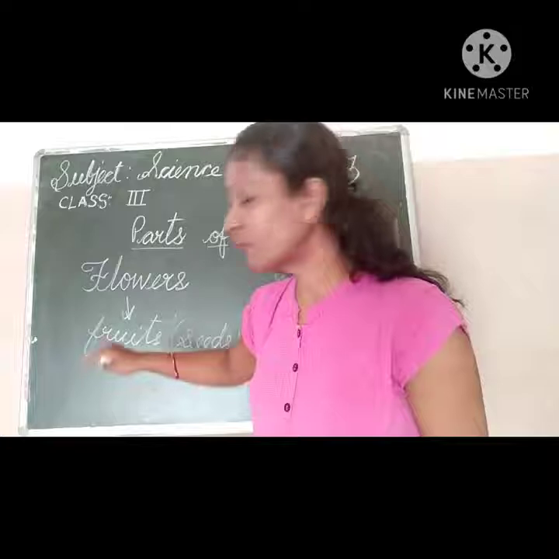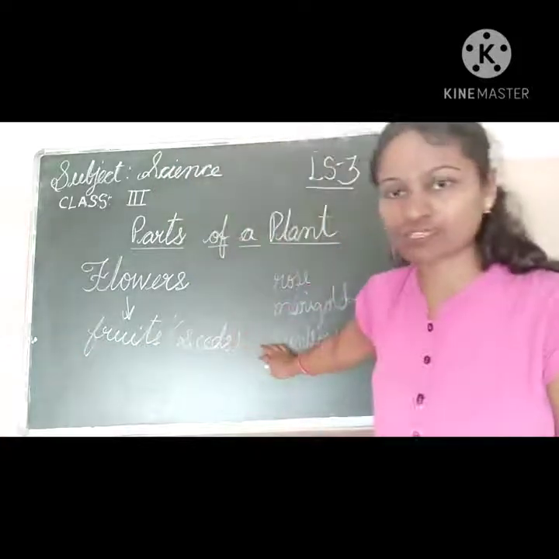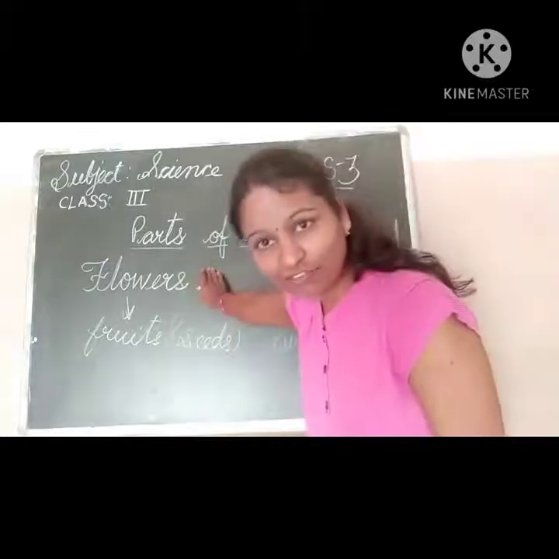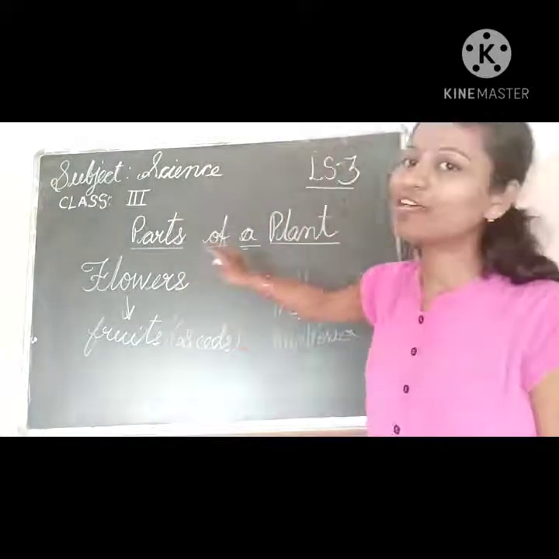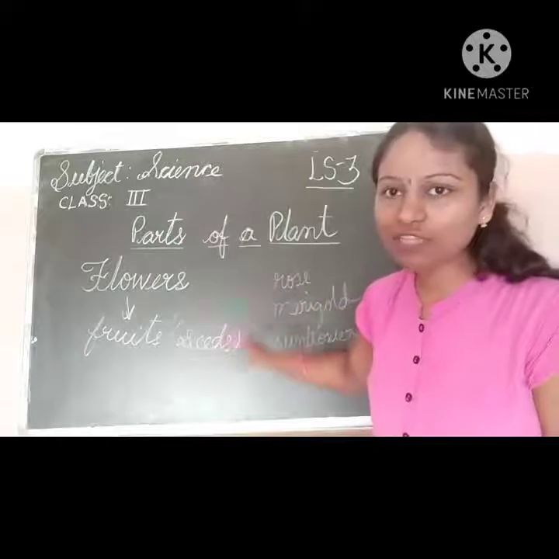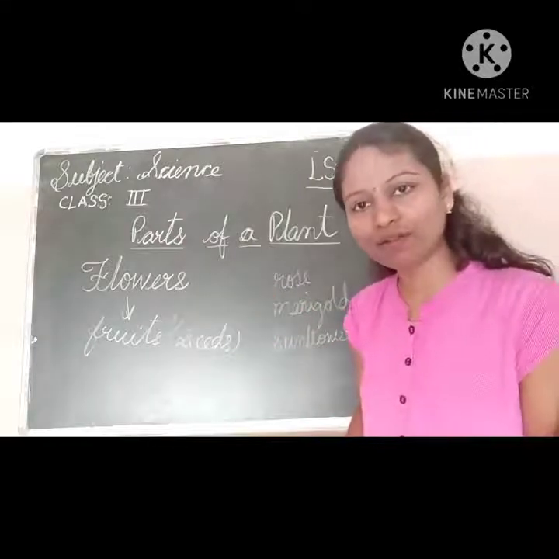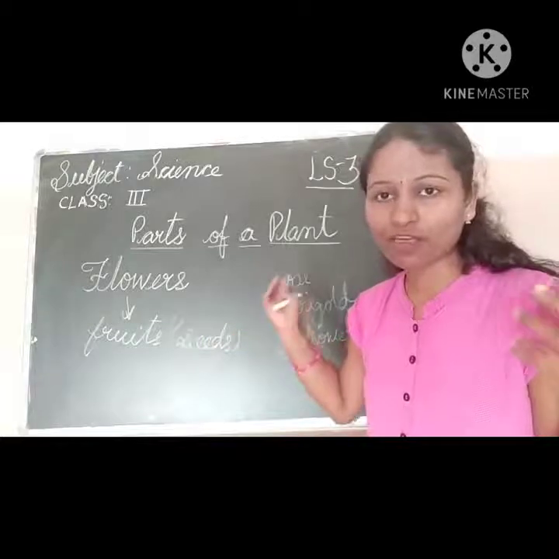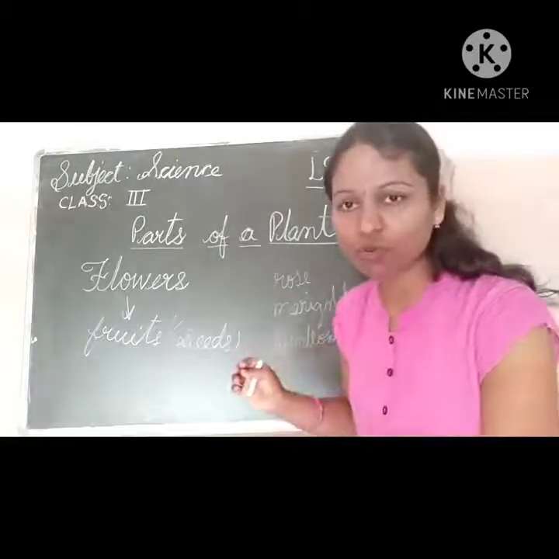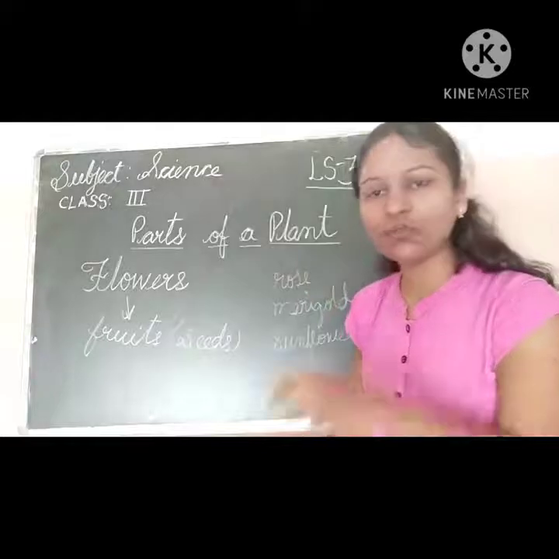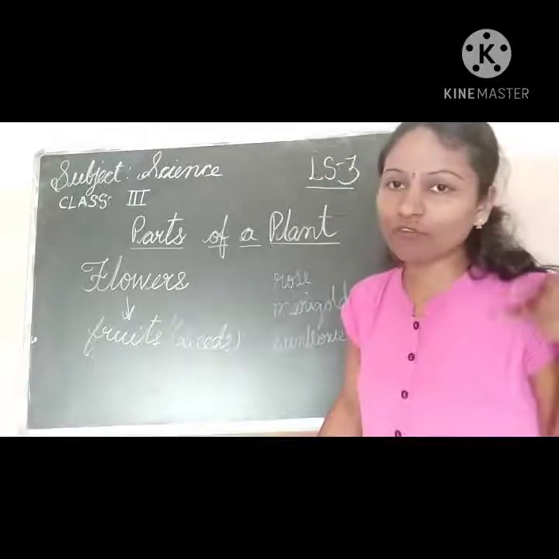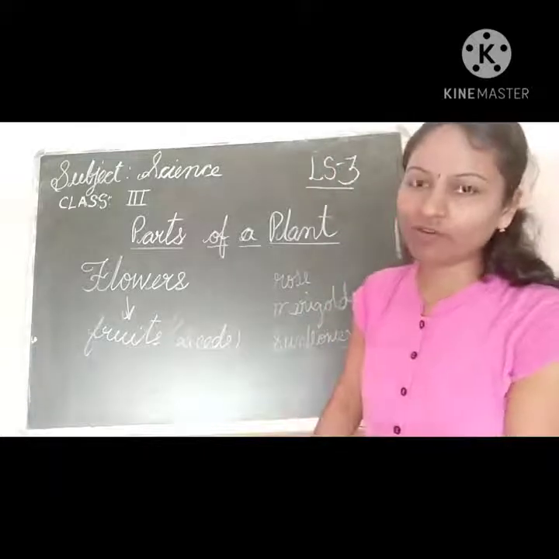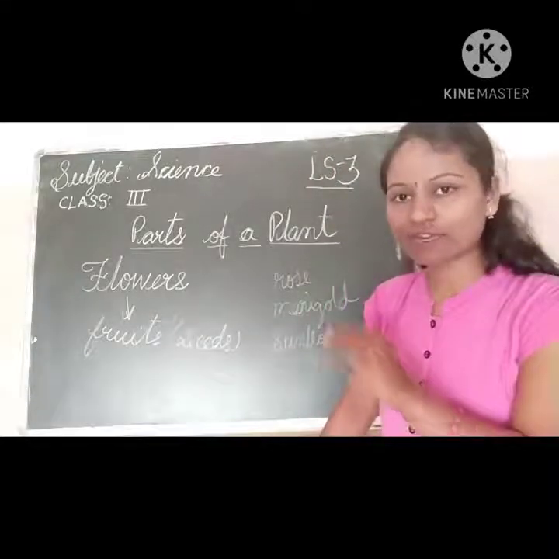Fruits bear the seeds, and seeds are different in nature. As flowers are different, fruits are different, seeds are different. An apple seed is different from a papaya seed. If you sow the seed of papaya, you will get papaya only. If you sow the seed of apple, you get apple trees only.